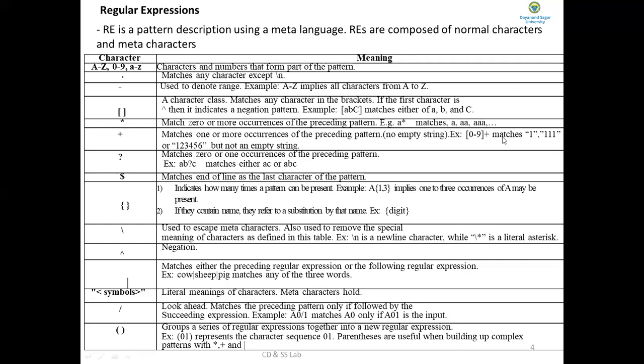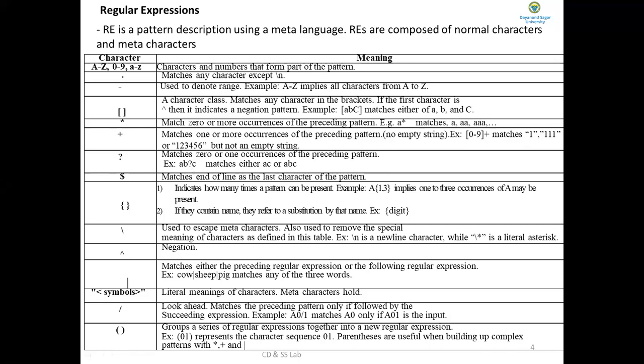That means it matches, say, 1 or 111 or 123456. So it matches a string of digits in this range, but not an empty string. Then question mark matches zero or one occurrence of the preceding pattern. So for example, AB followed by question mark C. That means AB is followed by question mark.